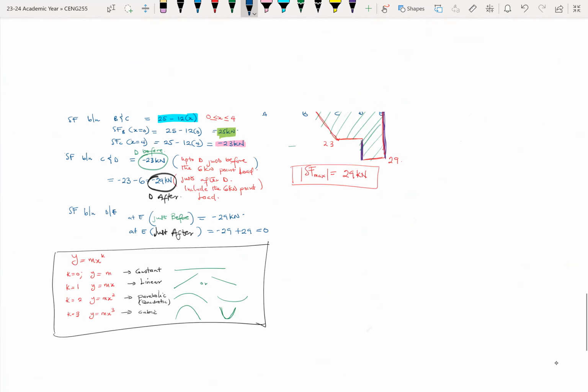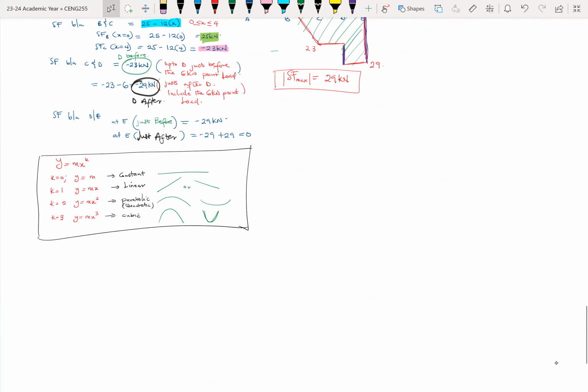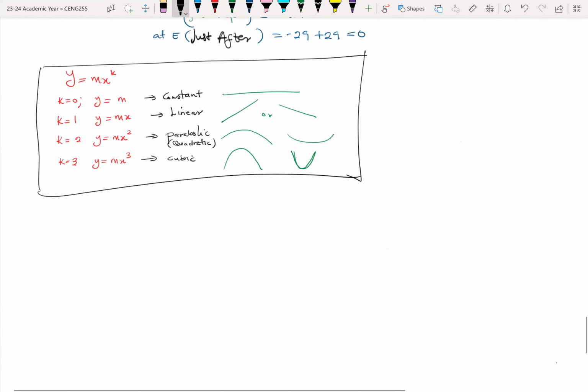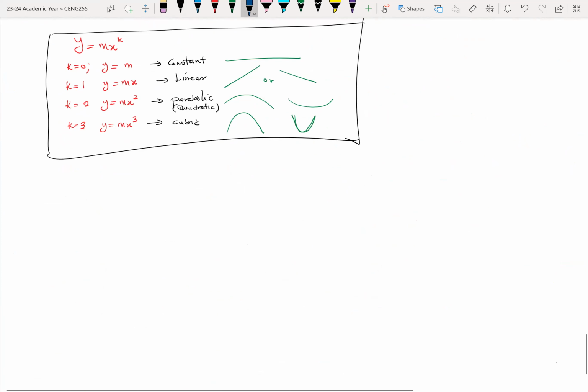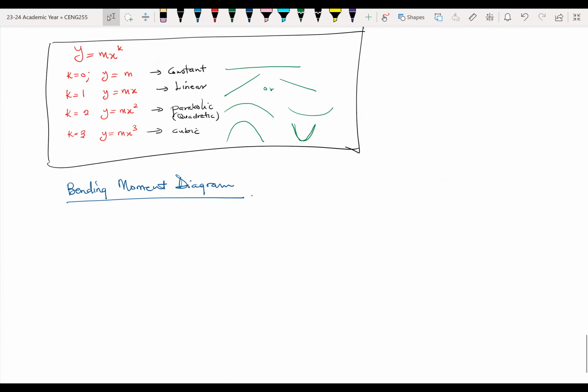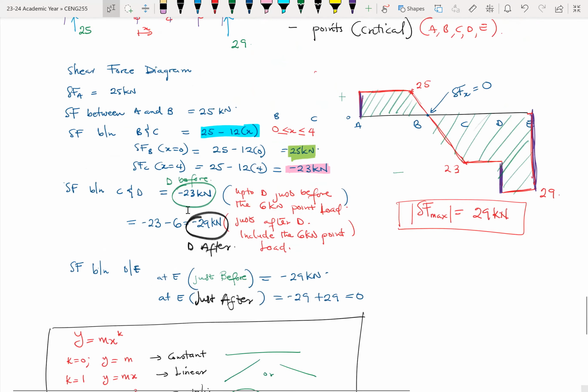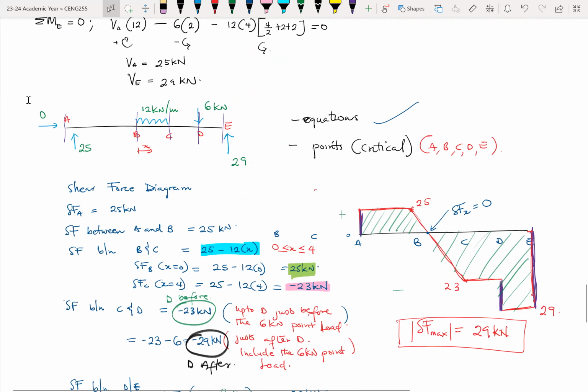So now let's look at the bending moment diagram. Again, it follows a similar premise. The interesting thing about bending moments is that it's best drawn using equations.